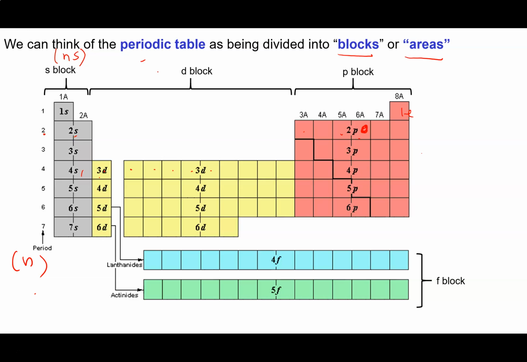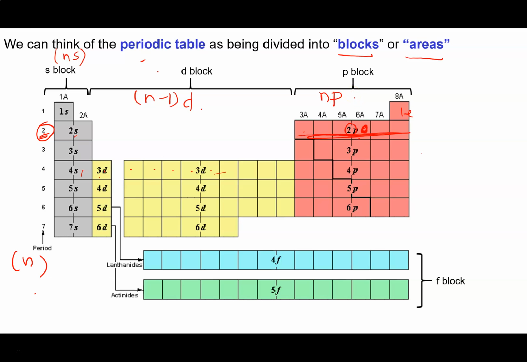Now for the D block, it's a little weirder. You see here period 4, but across this row we're putting electrons into the 3d subshell. So people will often label this (n-1)d. Now, following along period 2 again, when we get over to the P block, you can see that this is putting electrons into the 2p subshell. So the 2 is the same, the n is the same, so people will often label this np.